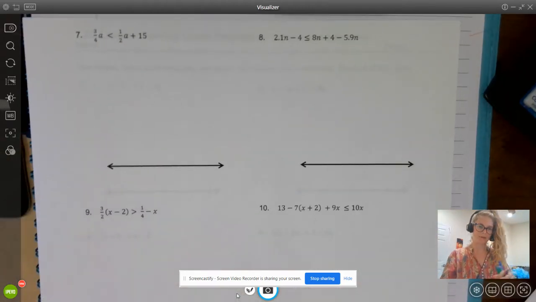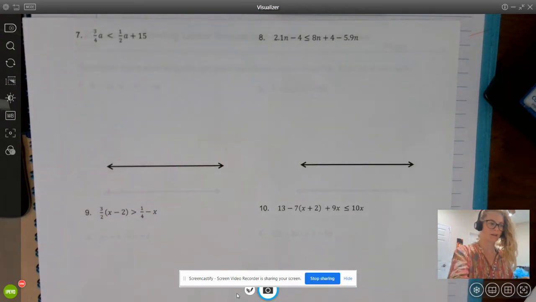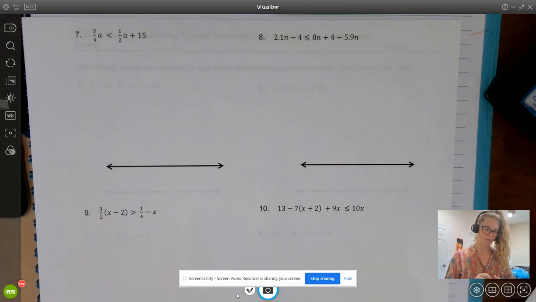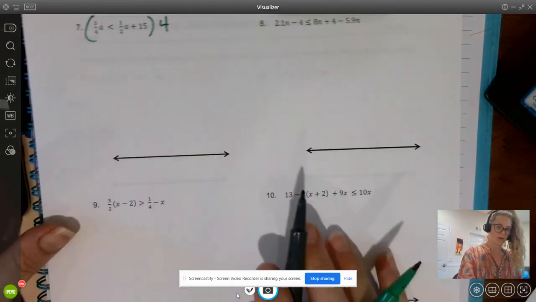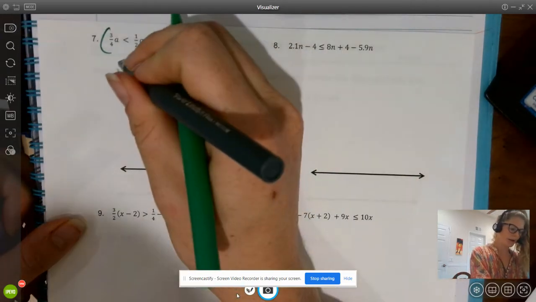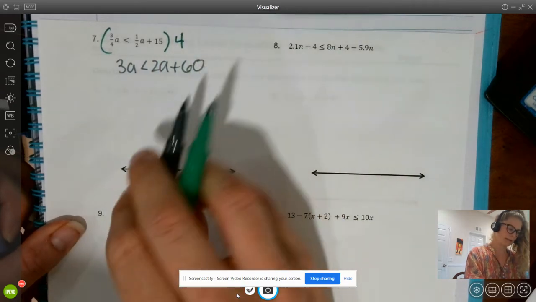Taking a look at number 7, of course, I want to think about clearing my fraction here, so I'm going to multiply both sides by 4. When I do that, I end up with 3a is less than 2a plus 60.